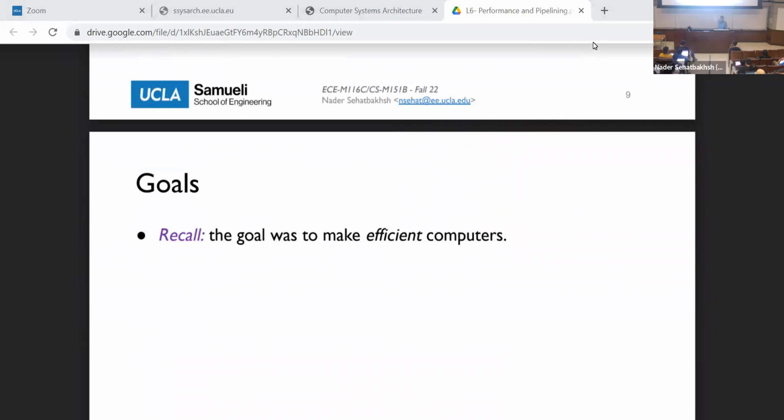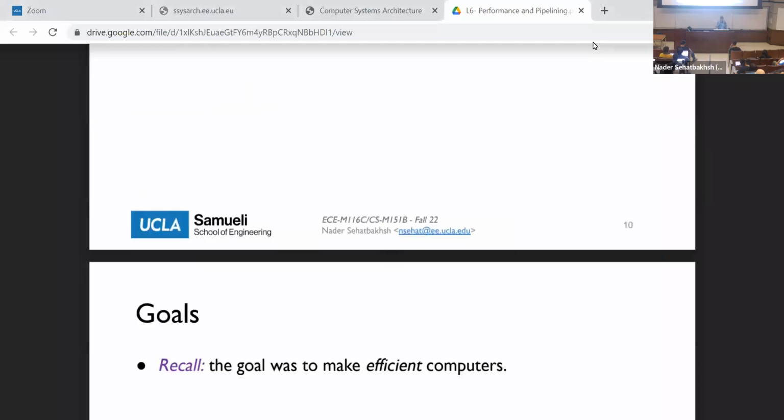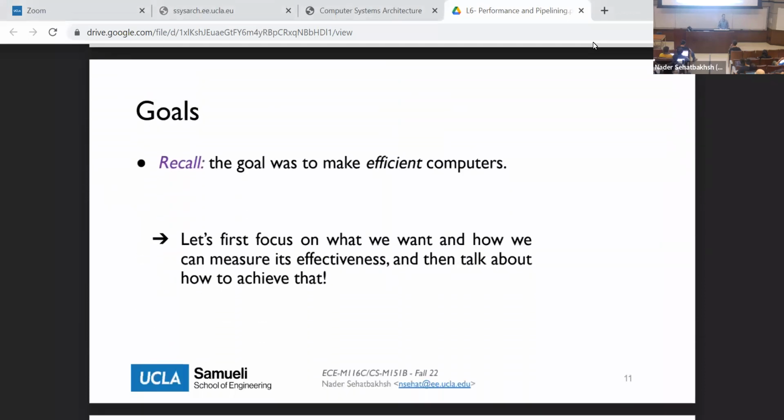In order to understand what we need to do, let's first talk about how we measure the goodness and quality of our design. When we say we want to improve this, how do we measure that we indeed improved it? In order to understand that, we need to define some goals and metrics first, and some ways of measuring performance.